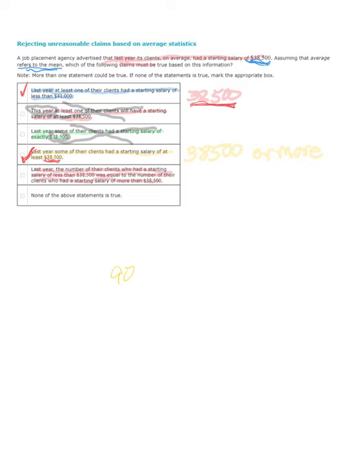This does not have to be true, okay? Because you know what one bad grade could do to your average. It could really bring it down. Somebody with a really low salary or a really high salary can really impact that middle number. So this does not have to be true.